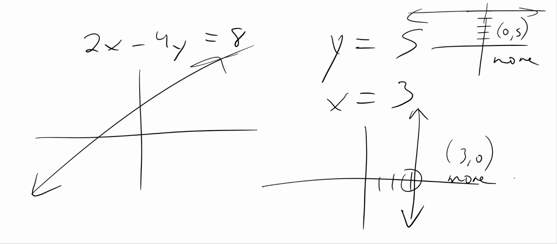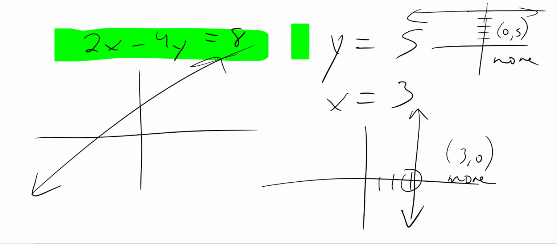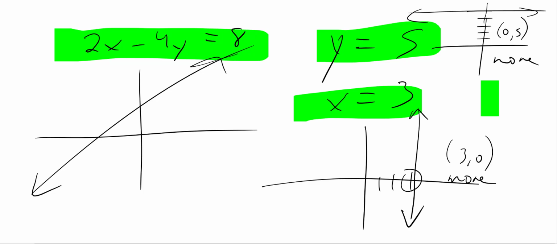Okay, so know how to graph those. You should be able to graph this guy, and this guy to be successful for this unit. And know the x and y intercepts. It's quick when you sketch, especially these guys here.